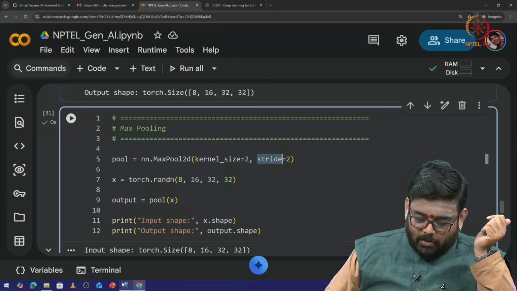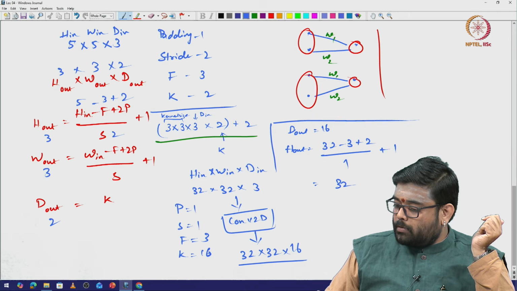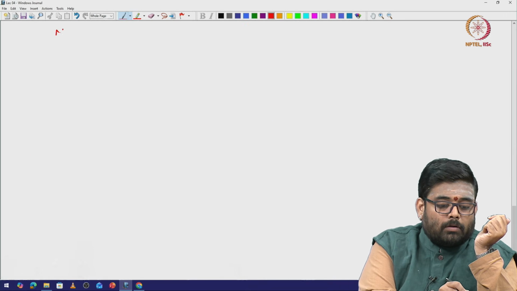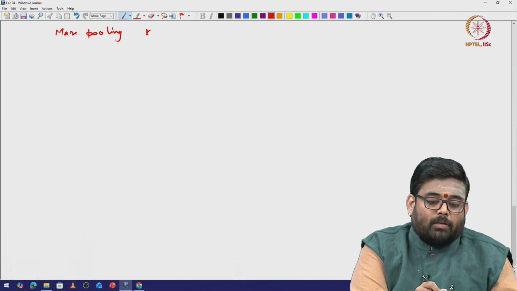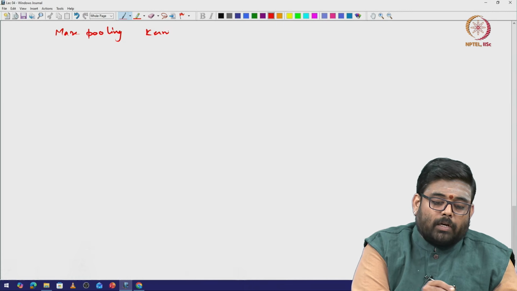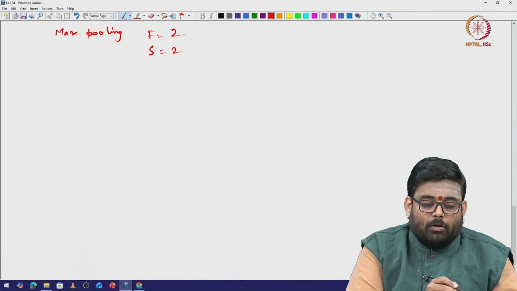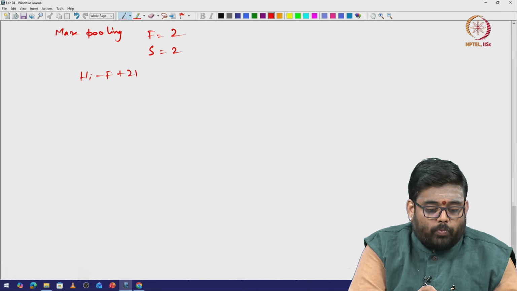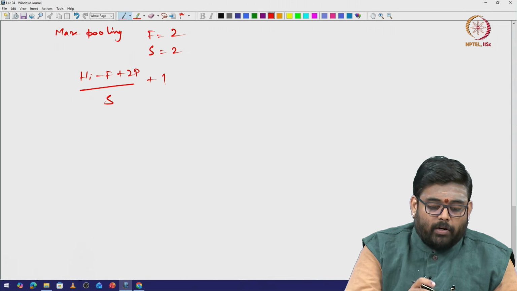If kernel size, which we refer to as F, is 2 and stride is 2, how do you compute the output? H in minus F plus 2P divided by S plus 1, this is how we do it.